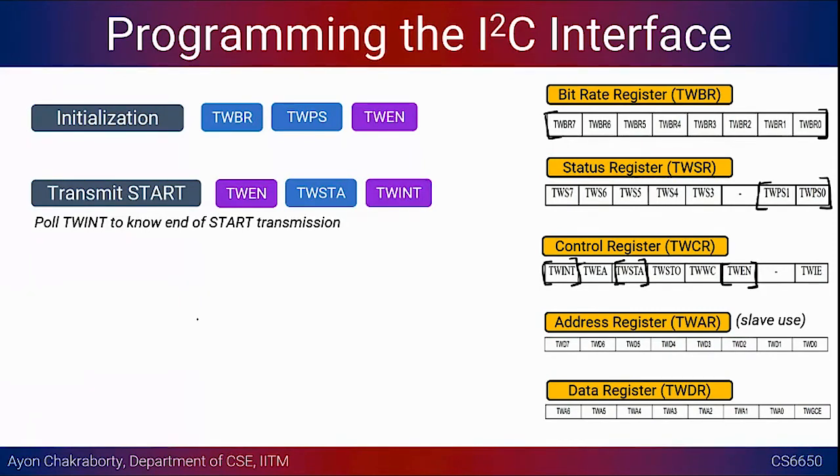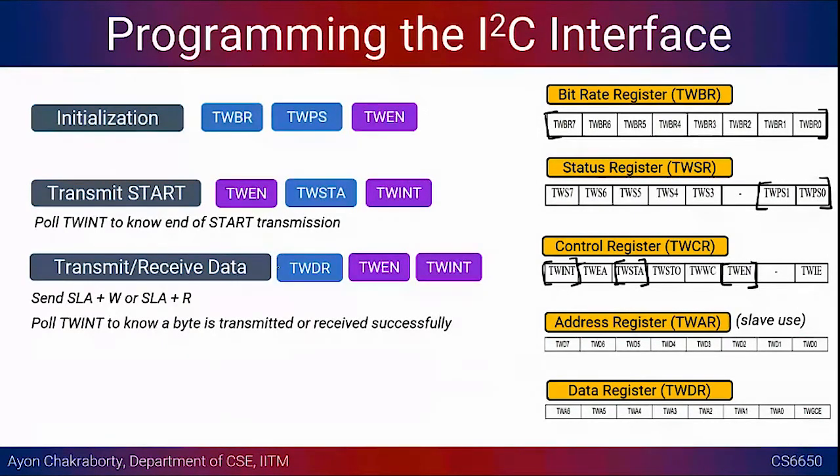In this case also, we poll the TWINT bit to know whether the start has completed. The start is transmitted on the data bus as well as the clock, right? Both pins are important here. So whenever that has finished, you can know by the change in the TWINT flag.